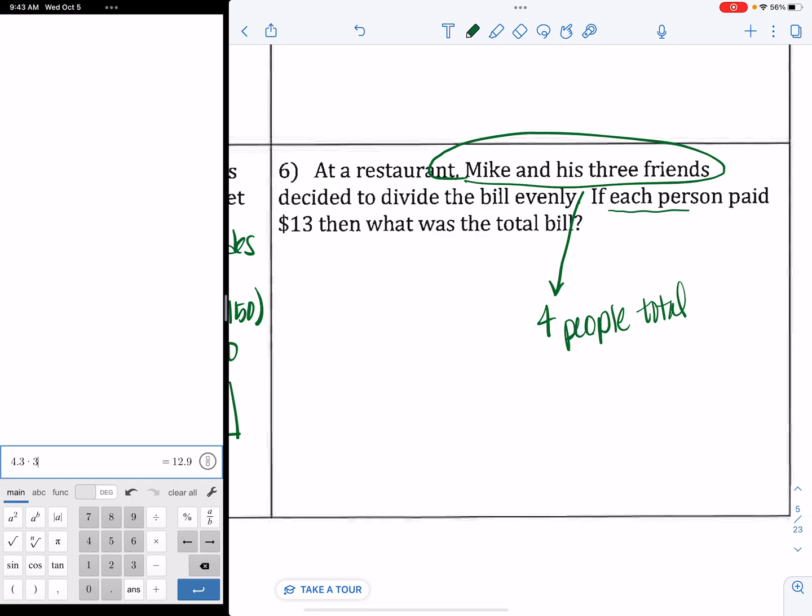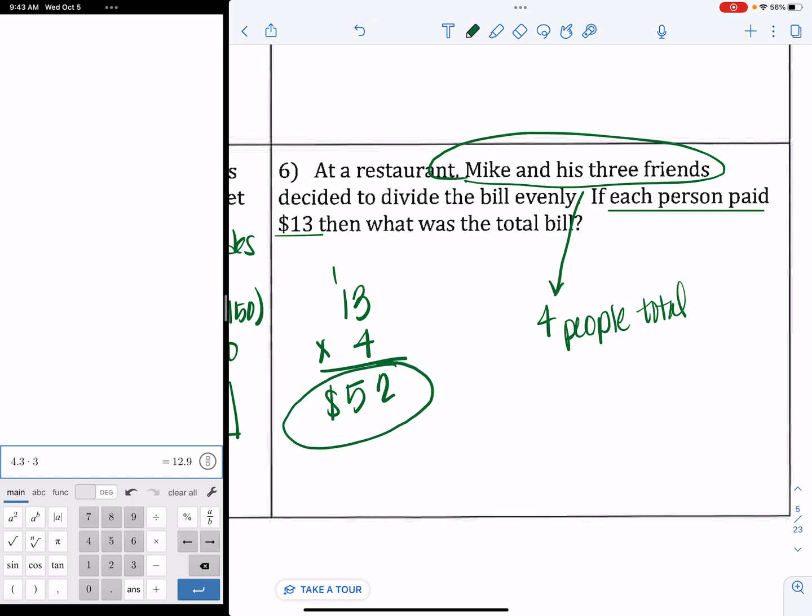And the other thing that I know is that each person paid $13. So $13 times 4 people is $52 for that total bill.